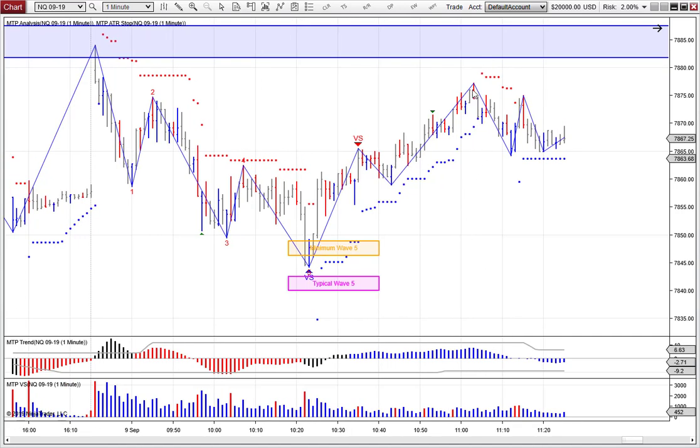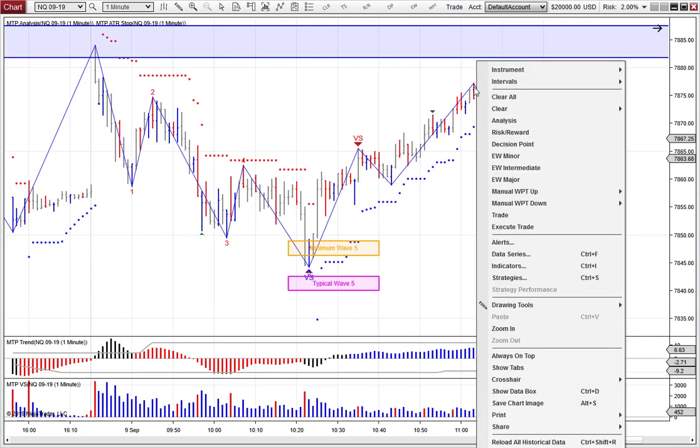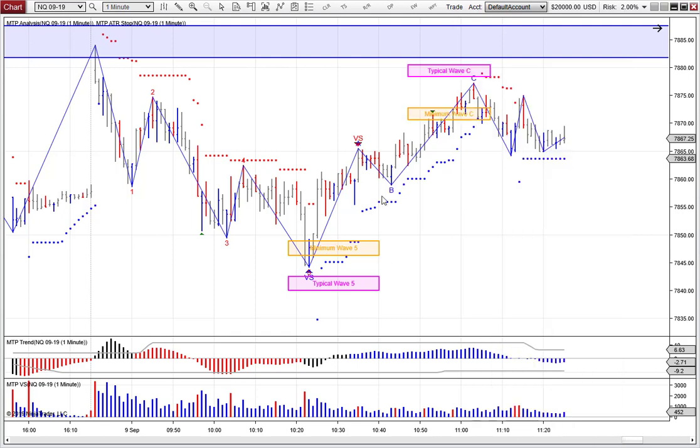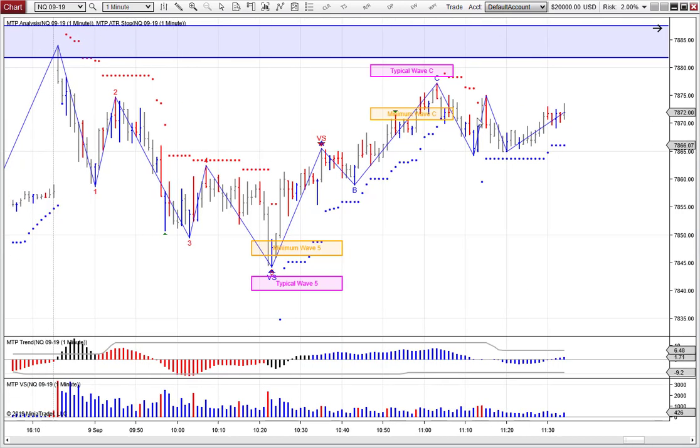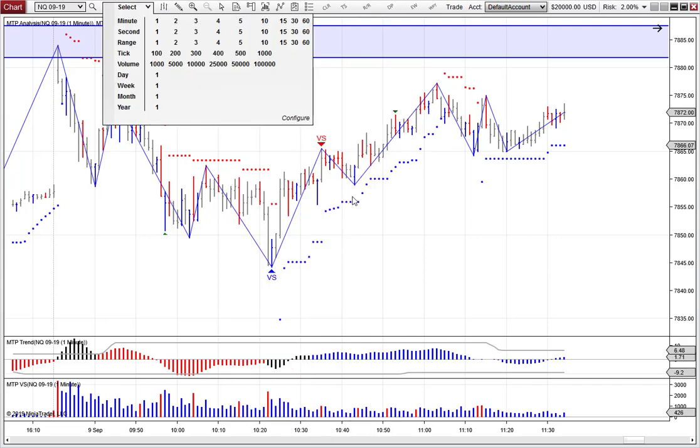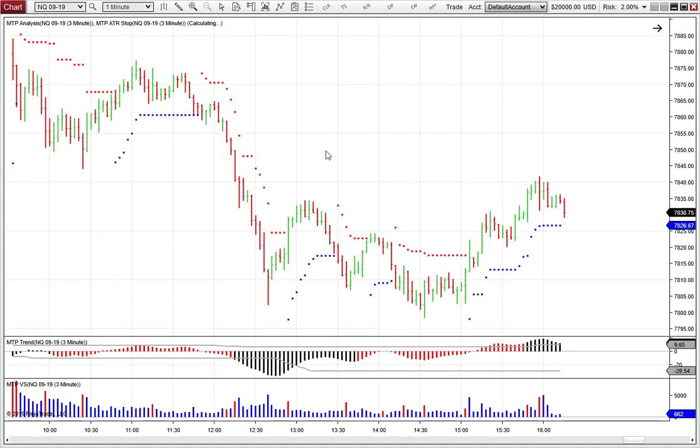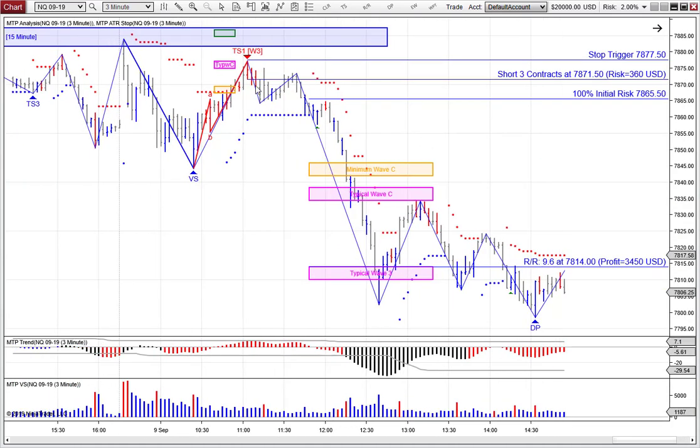The market then made the corrective rally up into our TS3 sell here on our 3-minute chart, and if I do Elliott Wave Intermediate, you can see there's your ABC corrective rally back up here. So on the shorter time frame chart, again the picture was very, very clear indeed as well with our minor patterns. Just clear that off, go back to the 3-minute chart, just to remind you of that particular sell setup there.